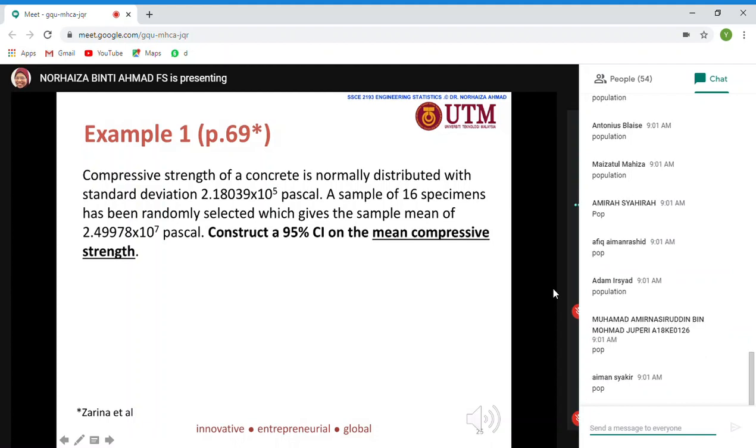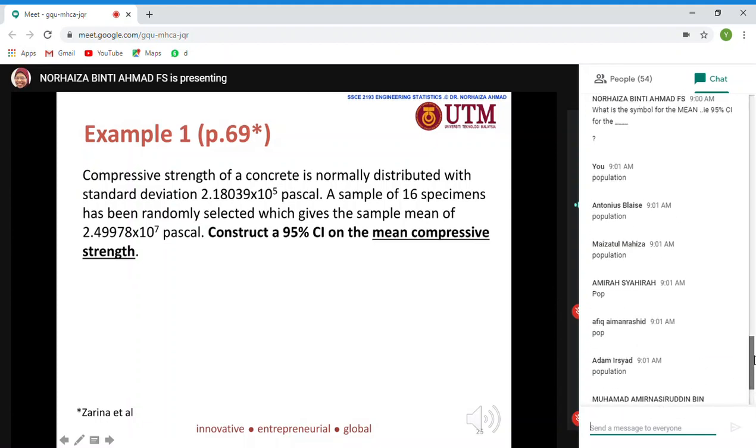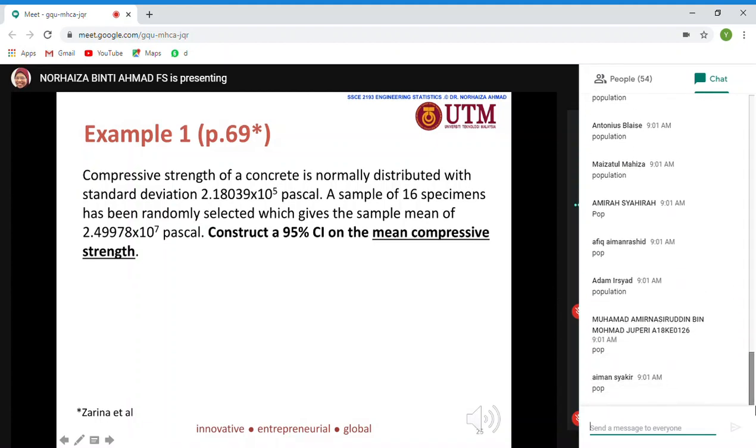Because the whole idea of the confidence interval, the whole idea of the point estimate, is you want to know your population parameter. So this is what you're interested in. So when you want to know the confidence interval, the assumption is that you do not know the value of your population mean.